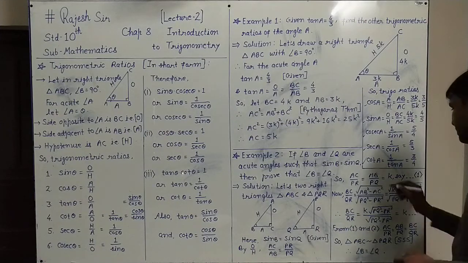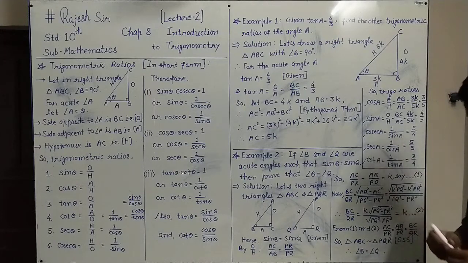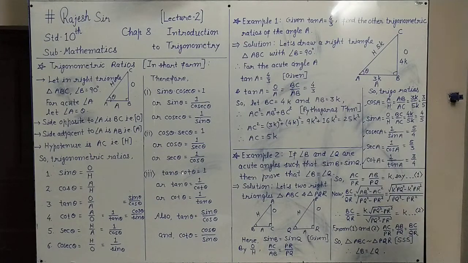Now see the simplification. BC upon QR as it is. In the upper side, K square is in the first term and in the second term also, so K square is common. If we take it outside the root, K square becomes K. And in the root, what remains is PQ square minus PR square.